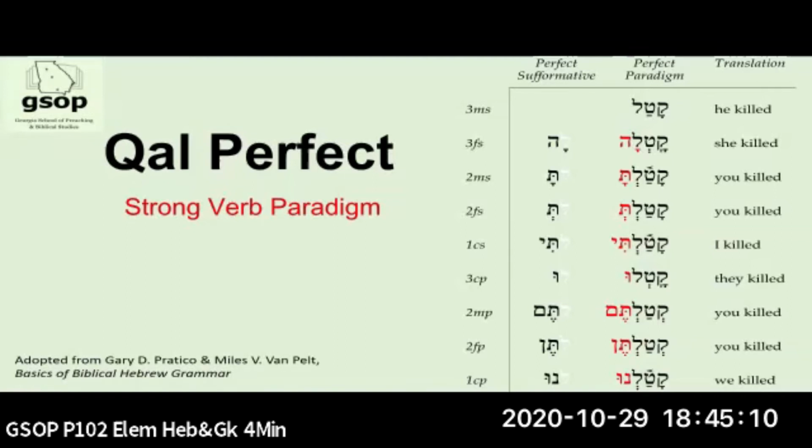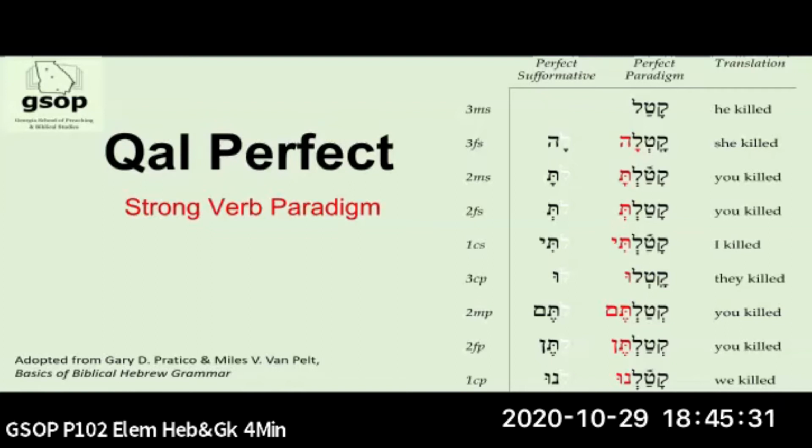If I wanted to say "she killed," I've got to make a change. If I want to say "they killed," I've got to change it. Now, the root doesn't change. It's still qatal, it's still qof, tav, tet, and lamed. That didn't change.